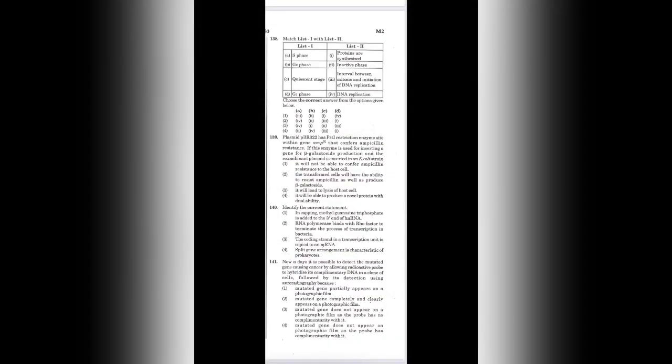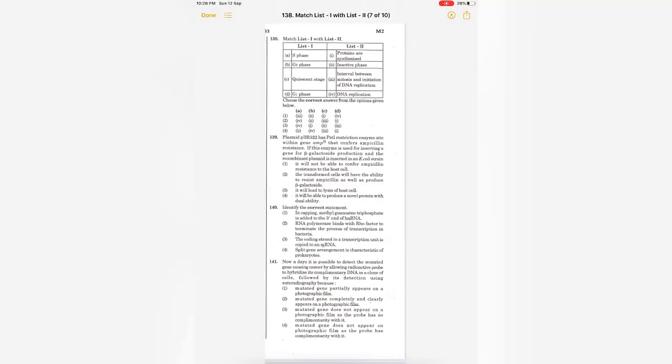Question number 138. Match list 1 with list 2. S phase. During S phase, DNA replication occurs. Quiescent stage. Quiescent stage is an inactive stage in the cell cycle. G1 phase. G1 phase is an interval between mitosis and initiation of DNA replication.